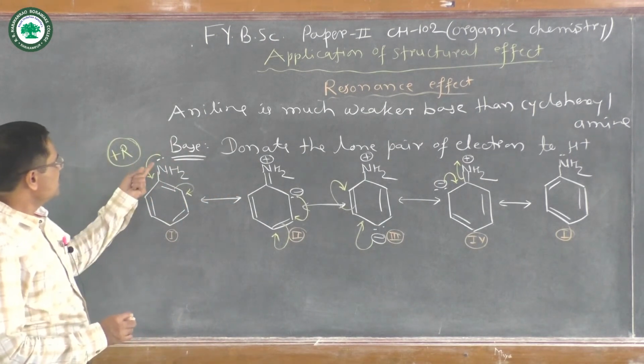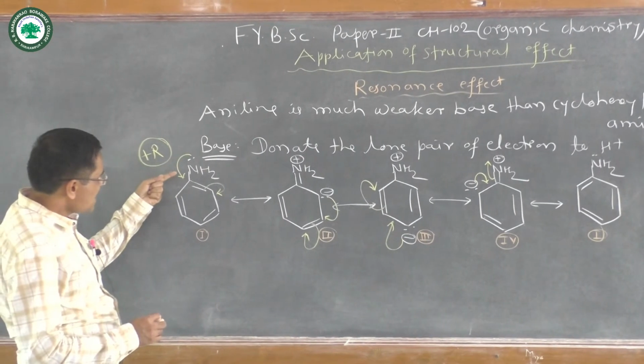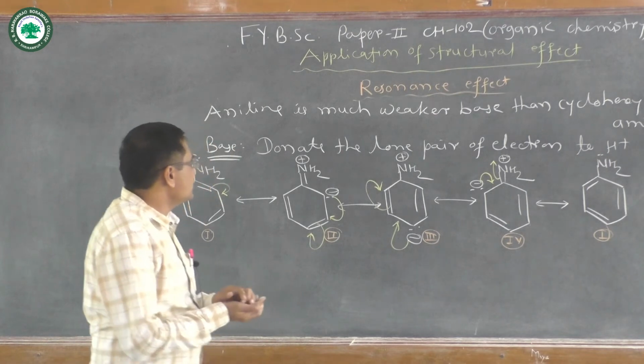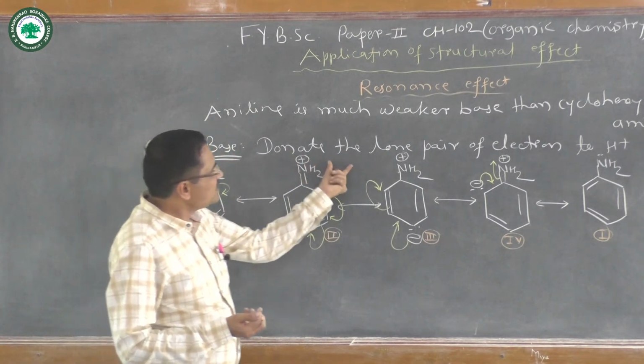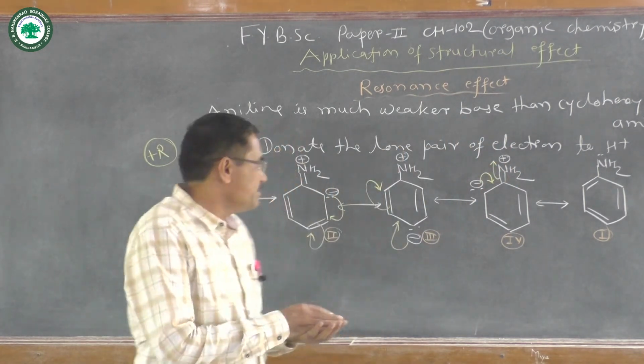Now here, due to the plus R effect, these lone pairs are engaged in the resonance. But what is our definition of base? The compound which donates the lone pair of electrons to H plus is called a base.